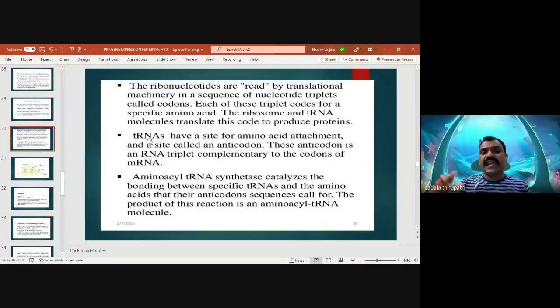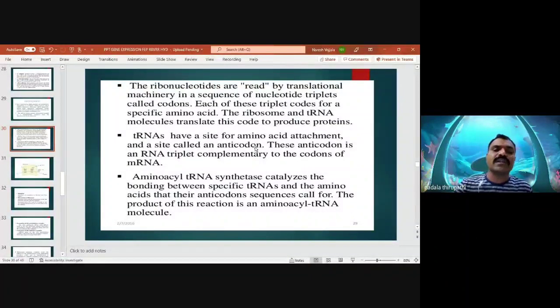So tRNA has a site for amino acid attachment and a site called an anticodon. Remember, my dear friends, the codon is present on mRNA, whereas the anticodon site is present on tRNA only.